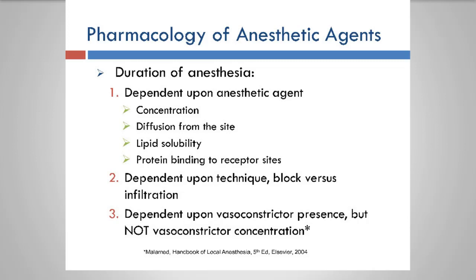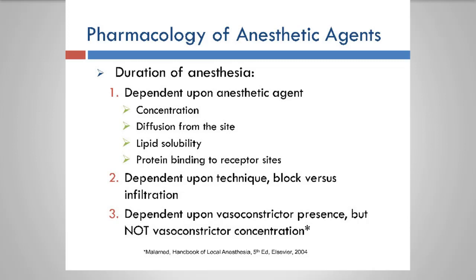Now, the one other thing that really is important for duration of anesthesia is the presence of a vasoconstrictor in that anesthetic agent. But I want to stress that the concentration of that vasoconstrictor is not really important. For example, we have lidocaine available with 1 to 50,000 or 1 to 100,000 epinephrine here in the United States.